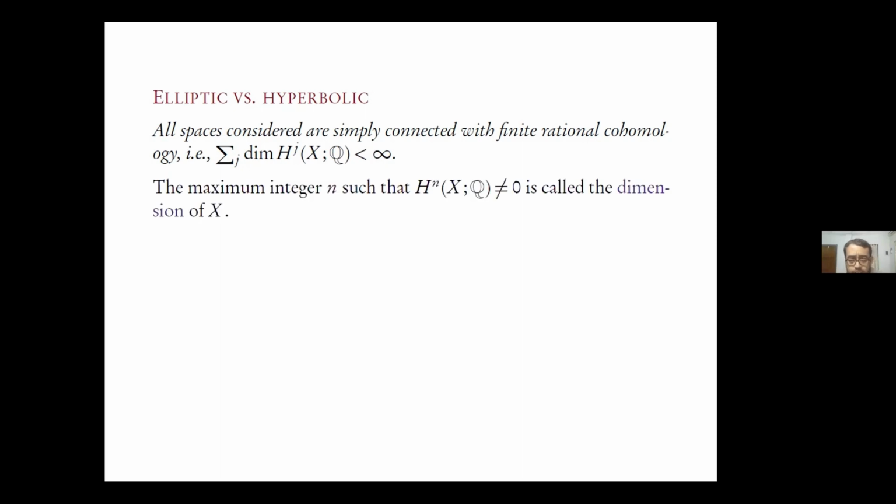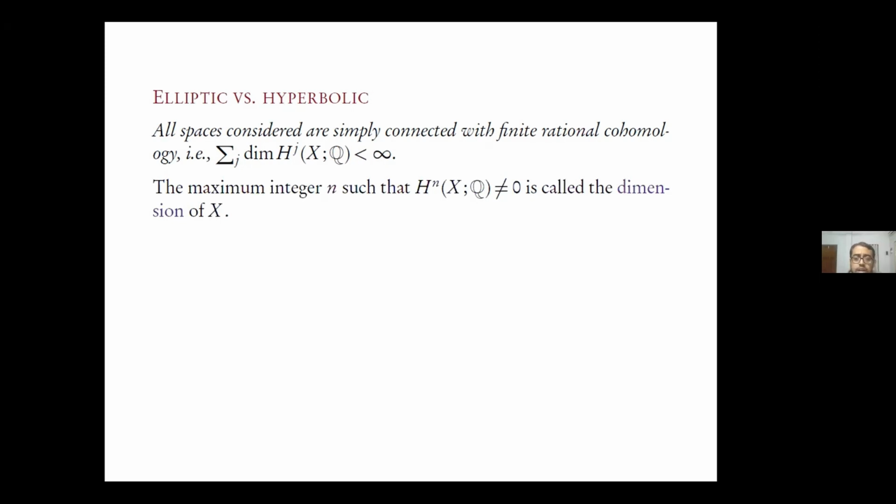Given a space which has this finite rational cohomology, you can define an integer n to be the dimension. This is not the usual dimension, but just think of it as a formal dimension, or an algebraic dimension. It is the maximum integer n such that the nth cohomology of X with rational coefficients is non-zero.